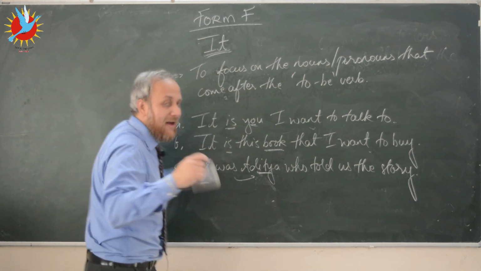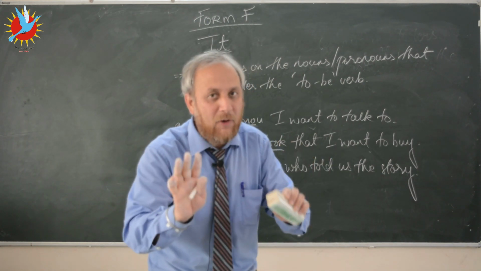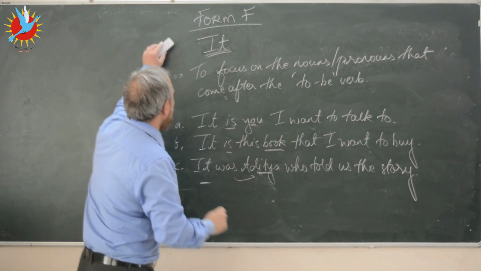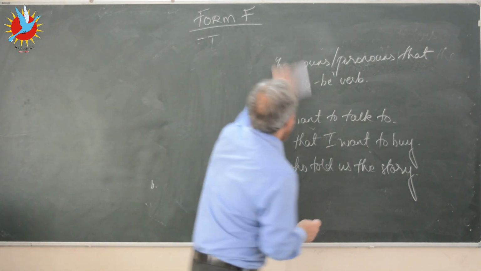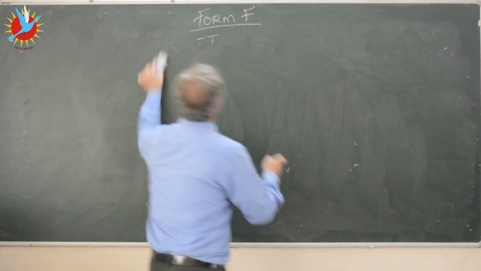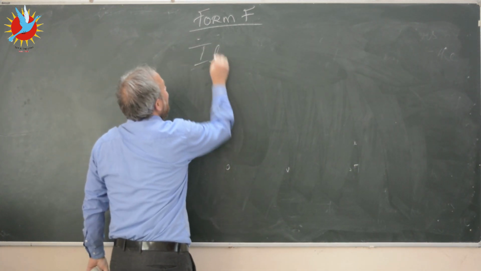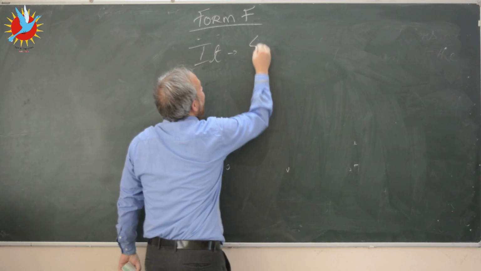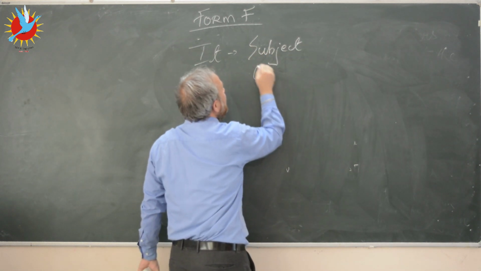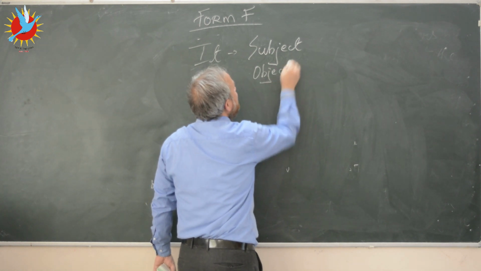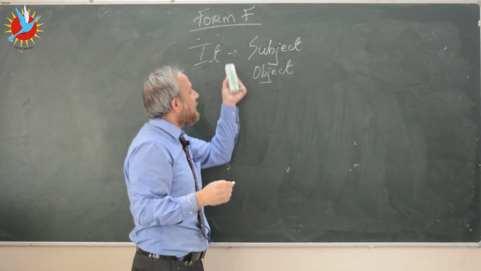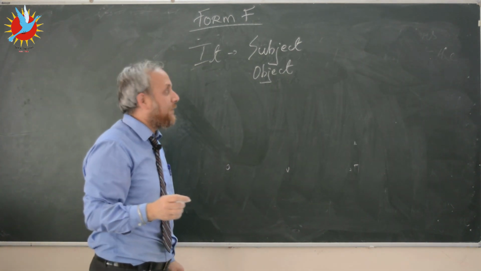There are a few more things, but I will not talk about that because you're in class 5. One more thing I want to tell you, kids, is that it can be used as the subject of the verb. It can also be used as the object of the verb. In the sense, it can come in the subject position, it can also come in the object position.